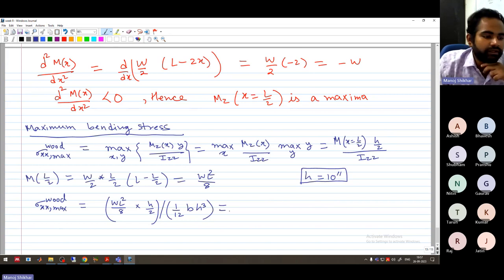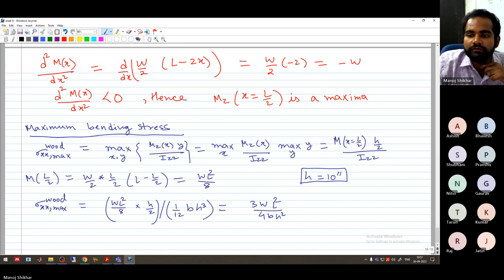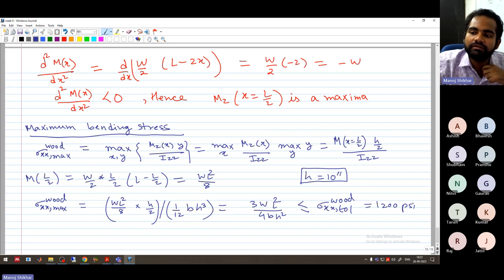So from here we will have 3 W L square by 4 b h square. And this should be less than the sigma xx tolerance of wood, whatever they have given. I think this was 1200 psi. So it should be less than this.